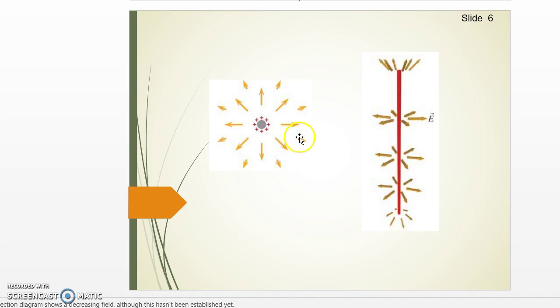Note they've also slipped in some indications that the field is getting weaker, but that's a magnitude question which hasn't been addressed yet. And then we have a nice 3D diagram, again suggesting by symmetry that the field is radial, at least near the center of the rod, and we get fringe effects at the end.